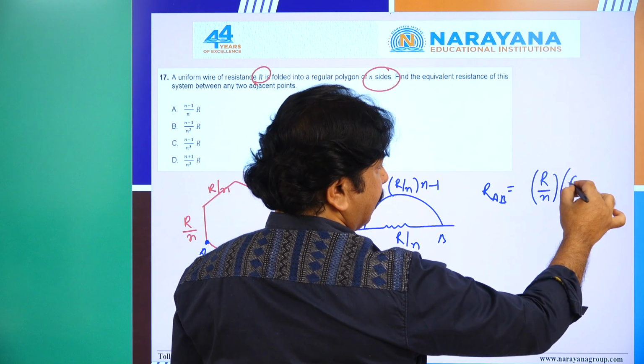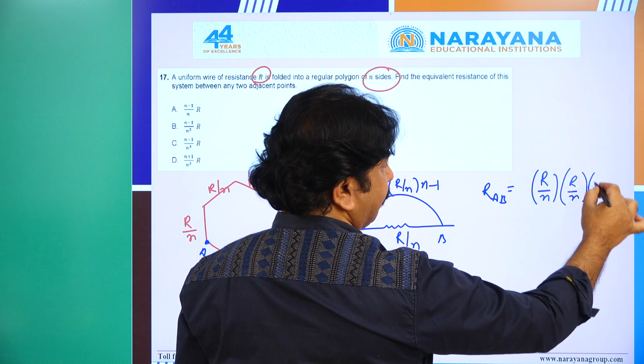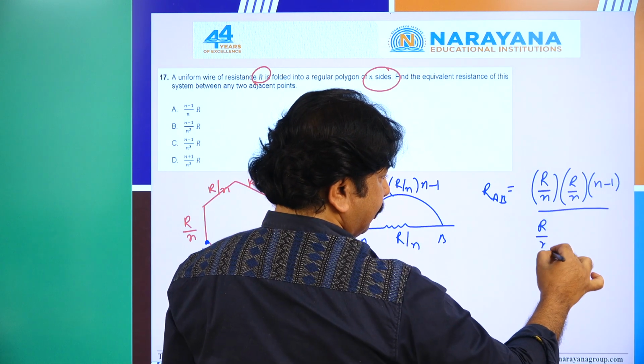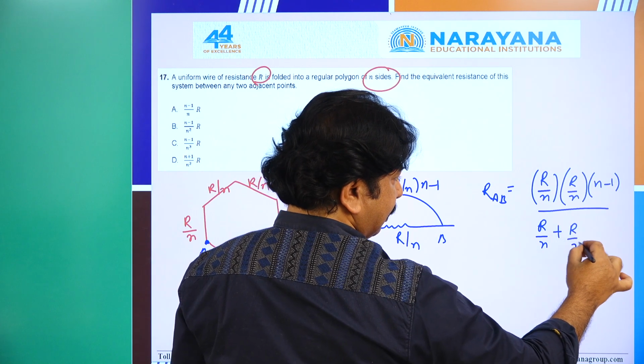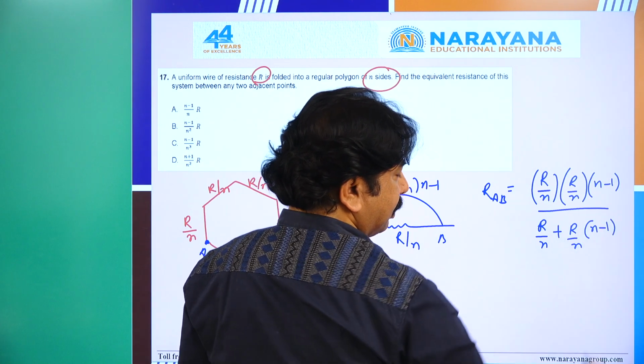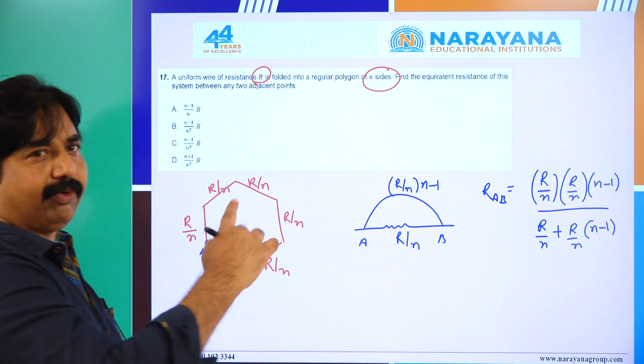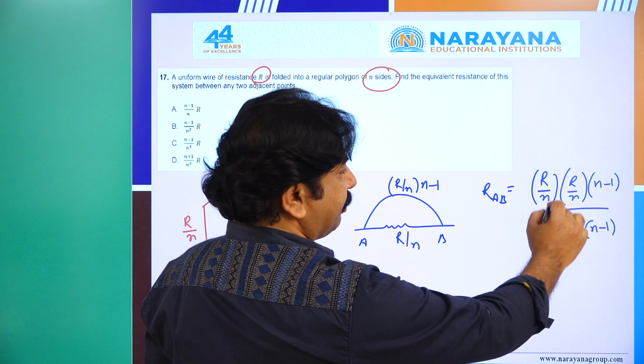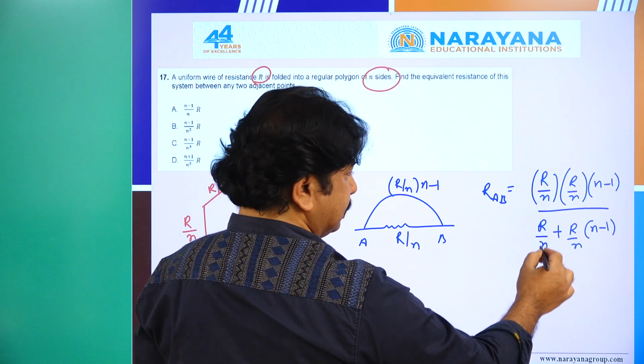So R by n into R by n of n minus 1, divided by R by n plus R by n of n minus 1. Simply it is the formula R1 R2 by R1 plus R2. Already we know. So take R by n common and cancel.